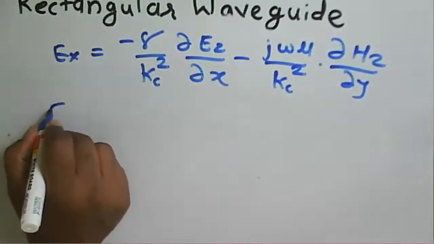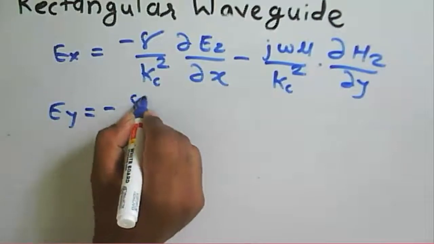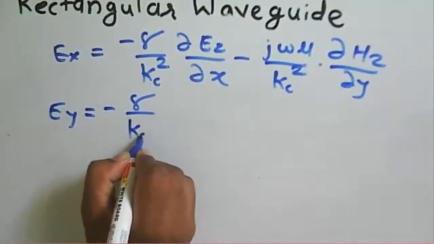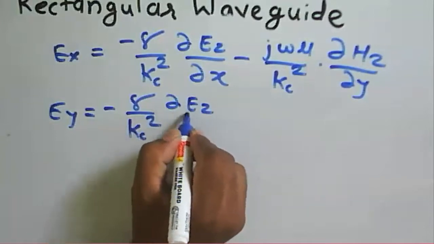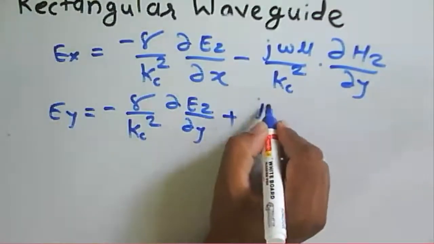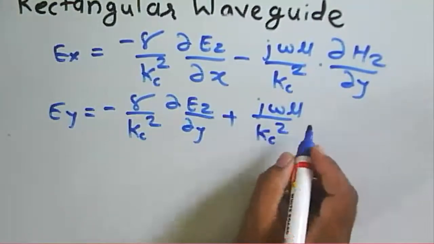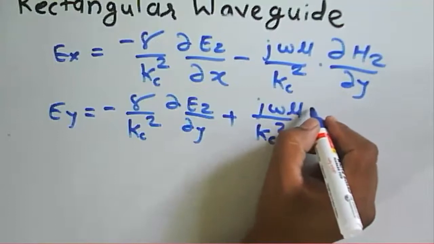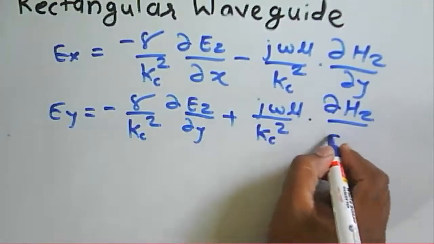Then similarly we have the Ey component: minus gamma over kc square into dou Ez by dou y plus j omega mu over kc square into dou Hz by dou x.